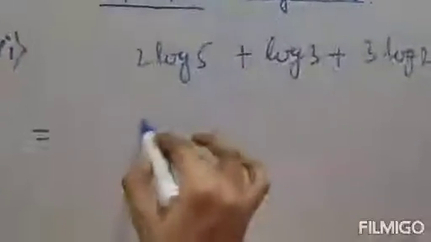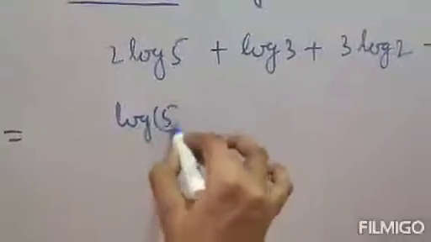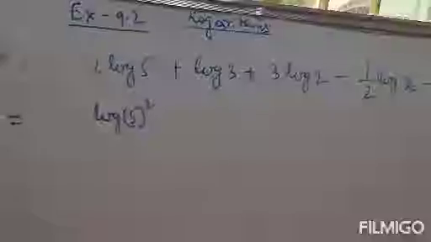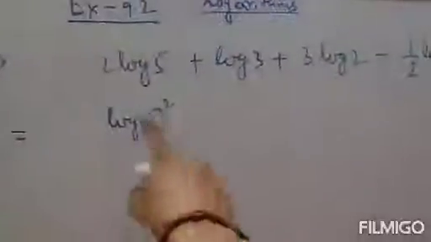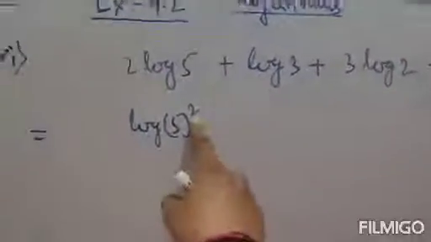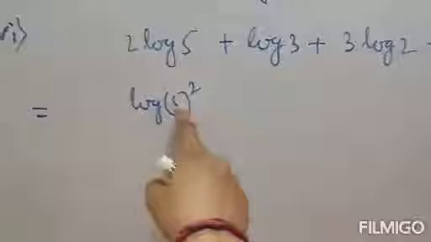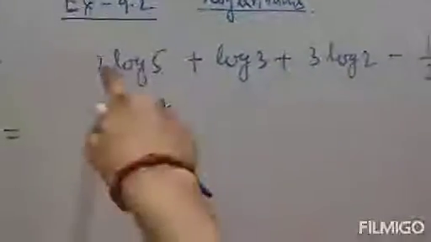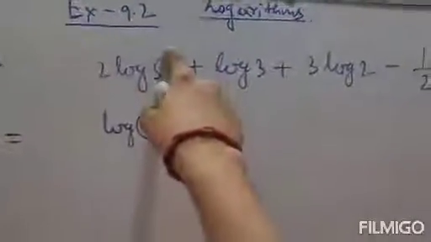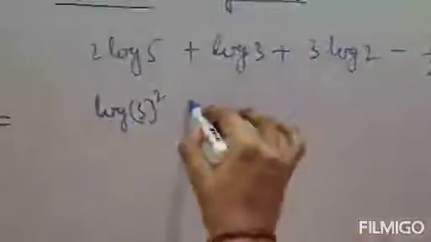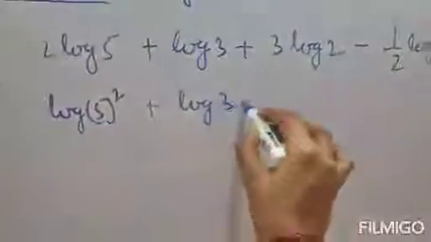Clear? So 2 log 5, we can write log 5 to the power 2. So apply the power law. 2 log 5 means 2 is in power, so we can shift this number to power form. That was the power law. So log 5 to the power 2 plus log 3.